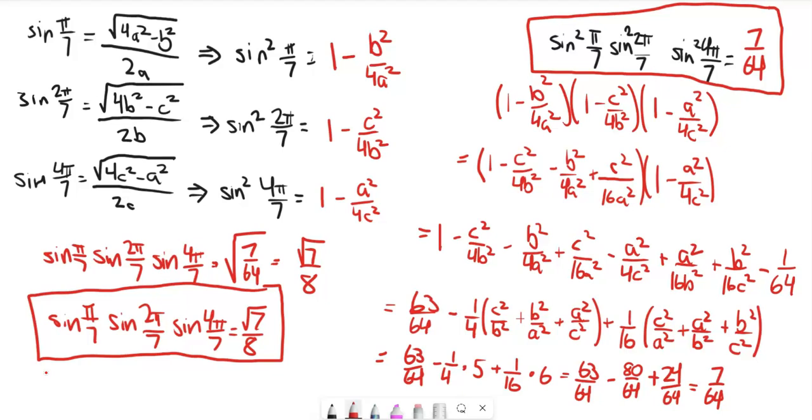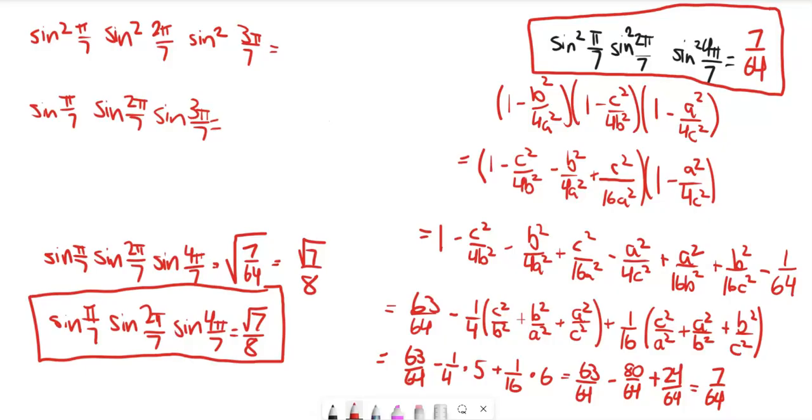Now, there's another part of this video that I need to put up, so give me a second. As you can see, I have cleared out the upper left portion of the screen to put in these 2 other calculations. The other thing I wanted to mention was that the sine of 3 pi over 7 is equivalent to the sine of 4 pi over 7, because that's equal to the sine of pi minus 3 pi over 7. I showed this in one of my last videos.